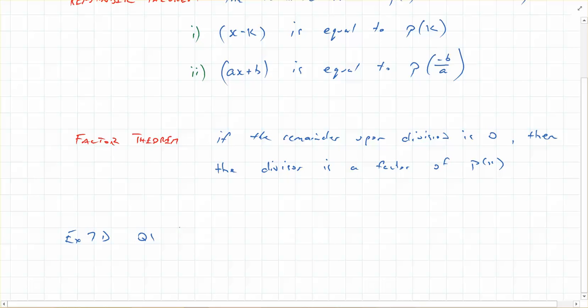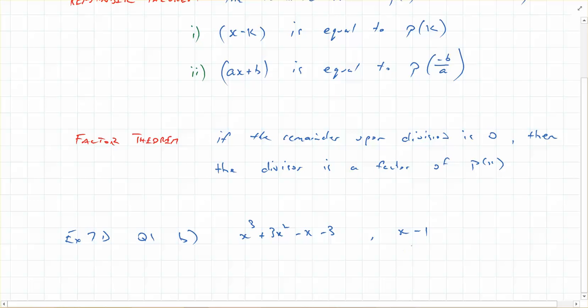exercise 7D. Question 1, I won't do A because that's yours, I'll do B. Without dividing, it says, show that the first polynomial is exactly divisible by the second polynomial. So x cubed plus 3x squared, this is just straight out of the book. We need to show that x minus 1 is exactly, so that cubic is exactly divisible by x minus 1.